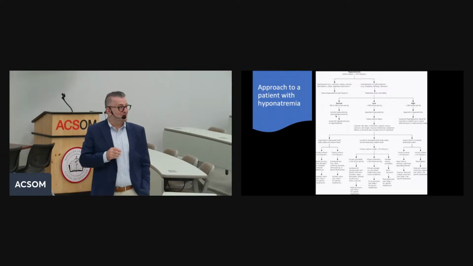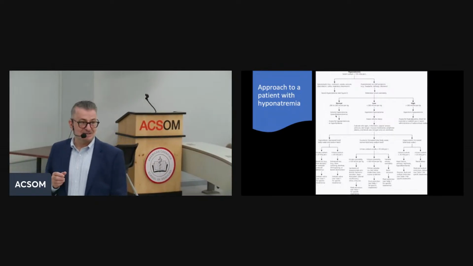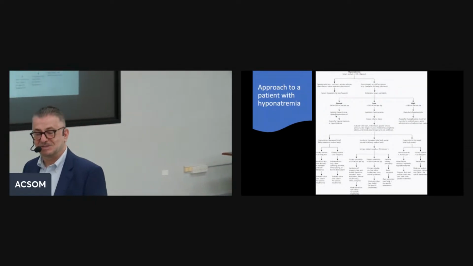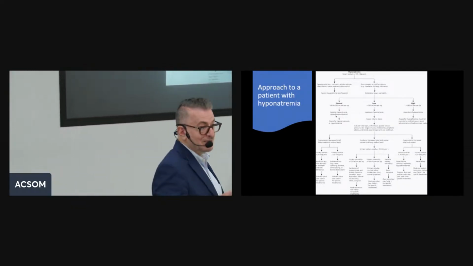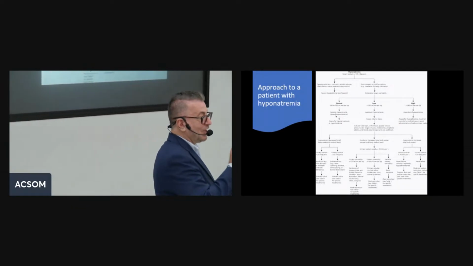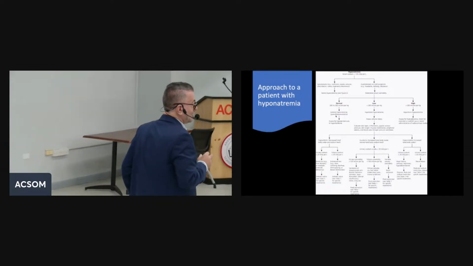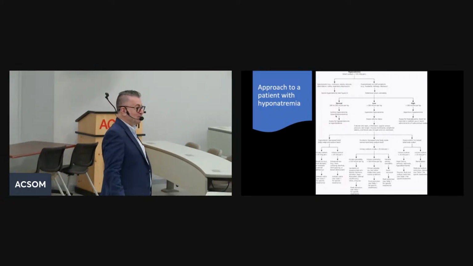And the first thing you have to do is to look at the volume status of a patient. Volume status of the patient. Because you can have hyponatremia, and even though the concentration of water to sodium is changed, when you look at the patient, they can have a lot of volume in the body, they could be dehydrated, or they seem to be okay.